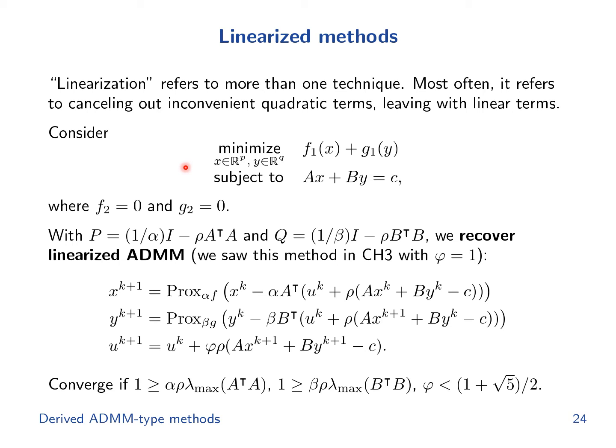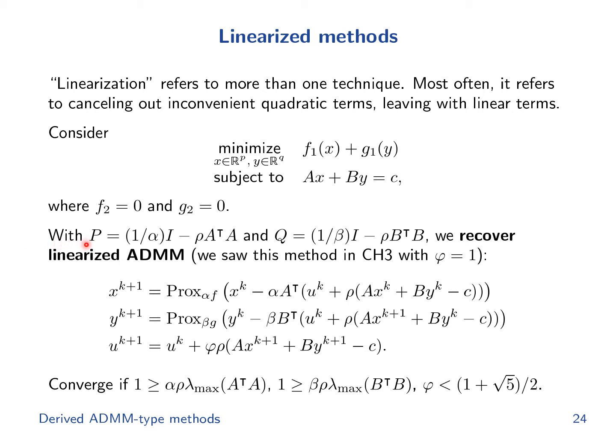Applying the ADMM method to this formulation will ask you to solve subproblems where the x subproblem involves the norm squared of A times x plus a constant, and the y subproblem will also have B times y inside a norm squared. Therefore, A and B can cause difficult subproblems.